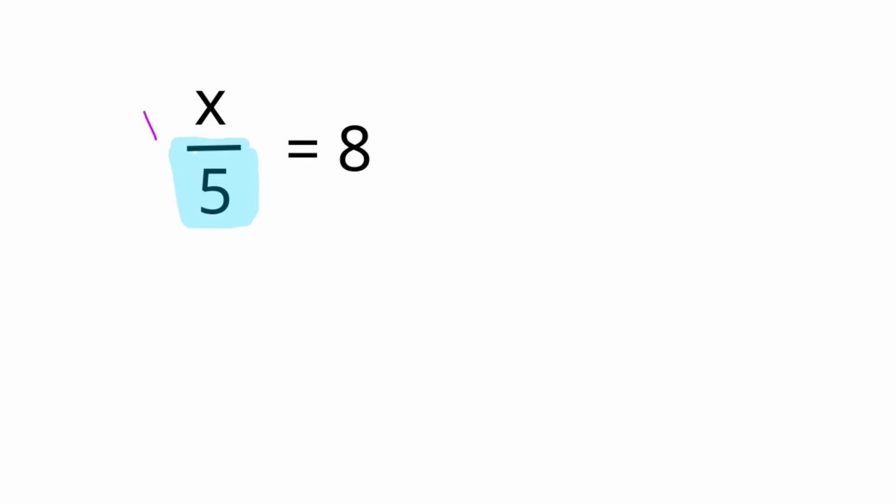Show that using parentheses. Multiply by 5, multiply by 5. On the left side, we have 5 times 1/5. There is an invisible 1 here. So that is 5 1/5s.